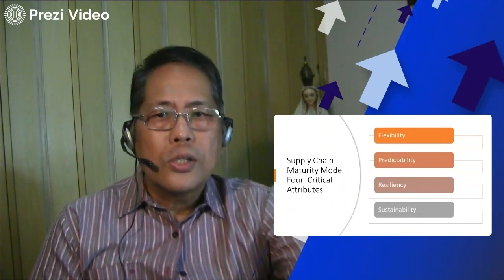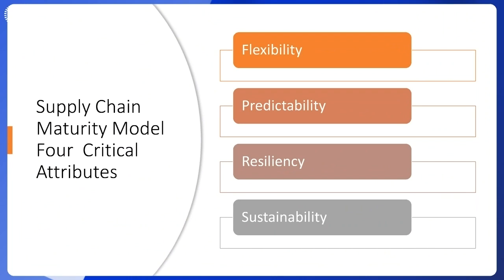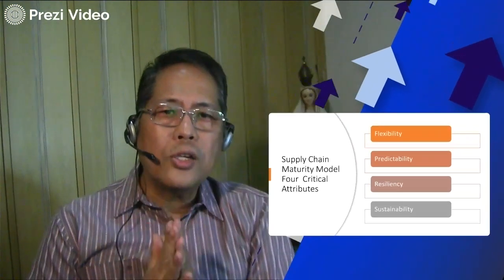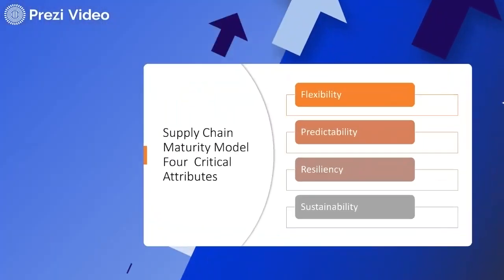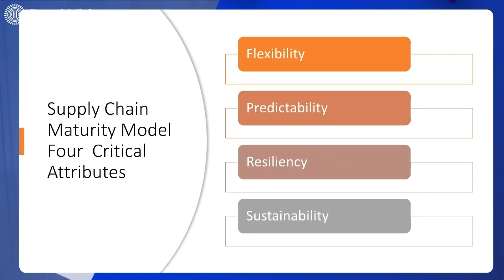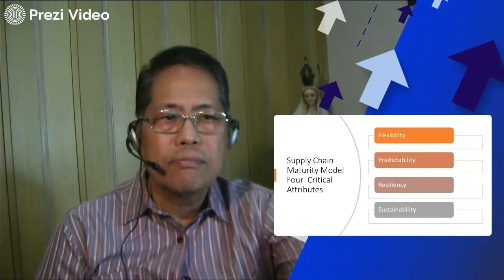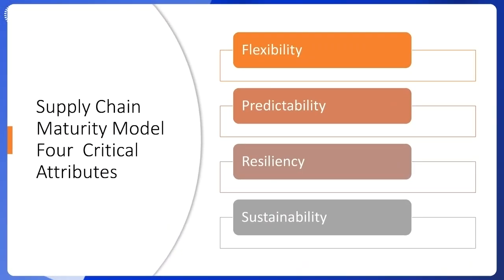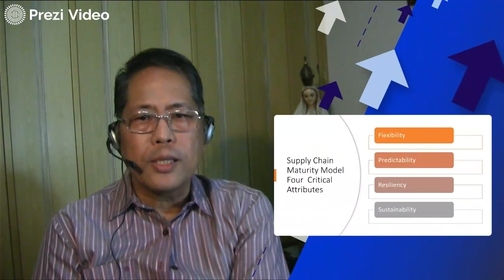The model seeks to assess a supply chain level of maturity by referencing four critical attributes: flexibility, the level of agility and nimbleness; predictability, the application of risk management methods to dampen the effect of uncertainty; resiliency, the ability of supply chain to rapidly recover from disruption; and sustainability, the ability of supply chains to maintain high levels of performance.